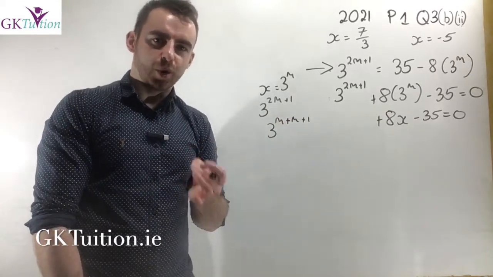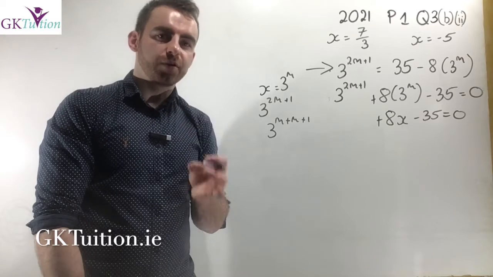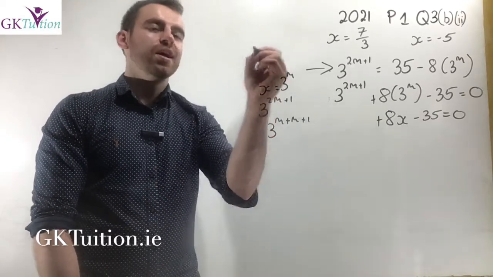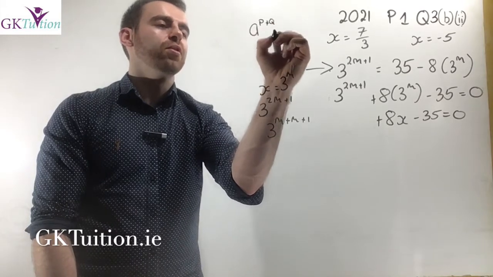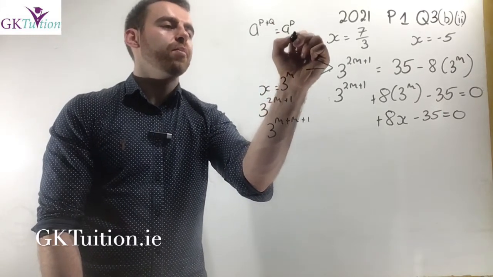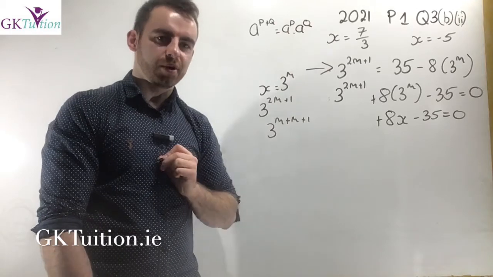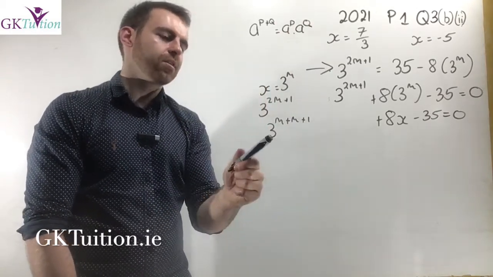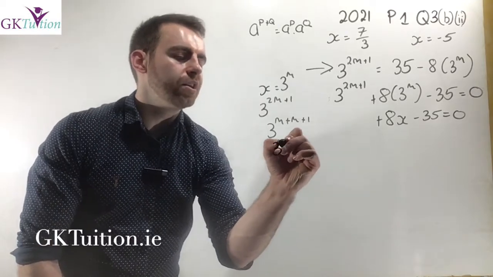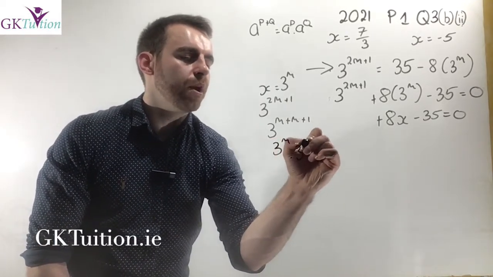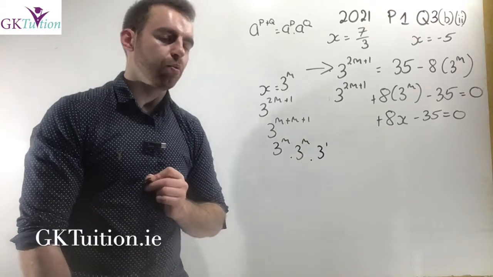Now, if you go to page 21 on your maths tables, the first rule on the top left-hand corner is a rule of powers. It tells me that a to the power of p plus q is the same as a to the power of p multiplied by a to the power of q. Based on that, I can rewrite 3 to the power of m plus 1 as 3 to the power of m times 3 to the power of m times 3 to the power of 1.